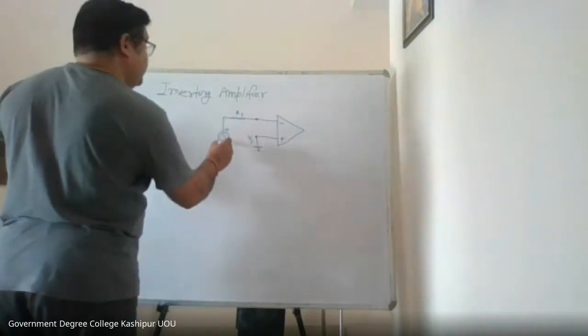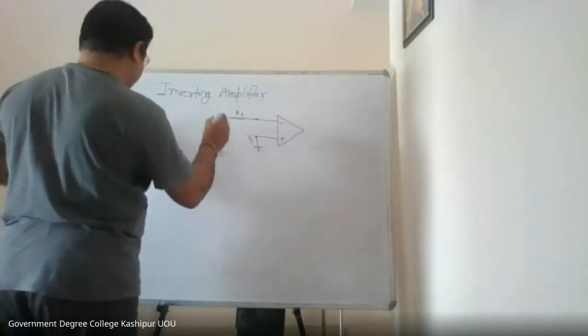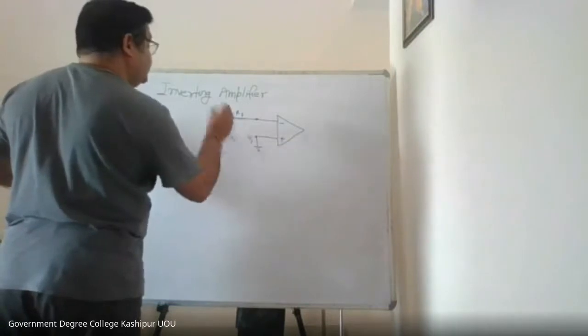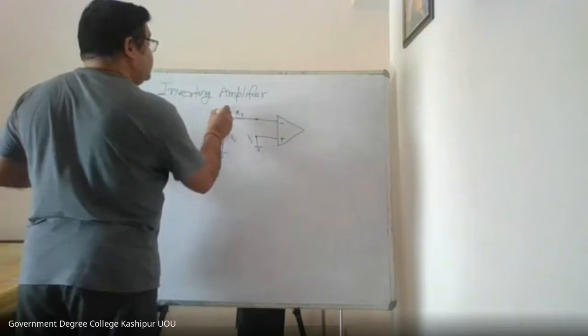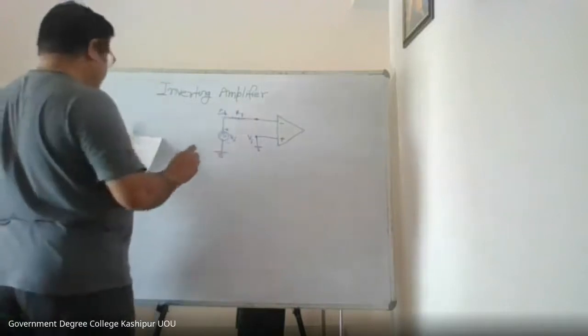This is a capacitor. Suppose I1 is the current through this resistance R1.